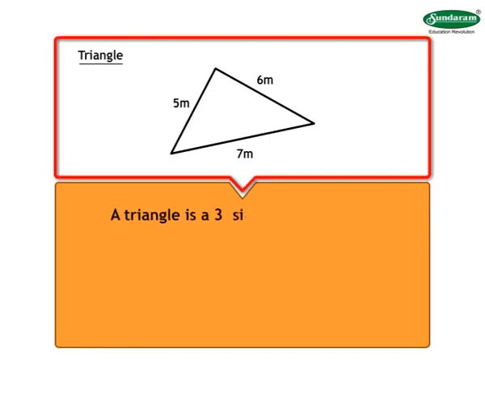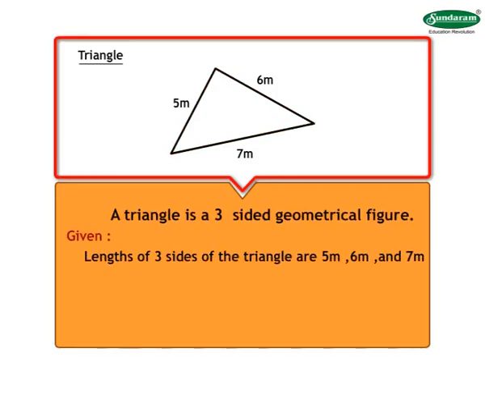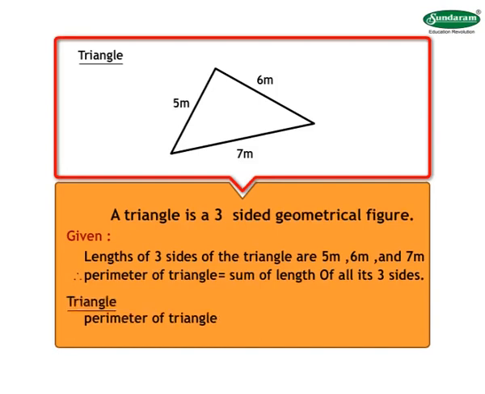Finally, let us consider the geometrical figure, a triangle. A triangle is a three-sided geometrical figure. It is given that the lengths of the three sides of the triangle are 5 meters, 6 meters and 7 meters. Therefore, perimeter of the triangle will be equal to sum of lengths of all its three sides. Therefore, perimeter of the triangle is equal to 5 plus 6 plus 7.